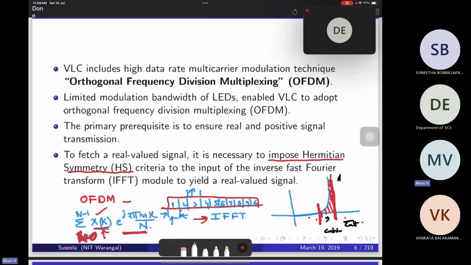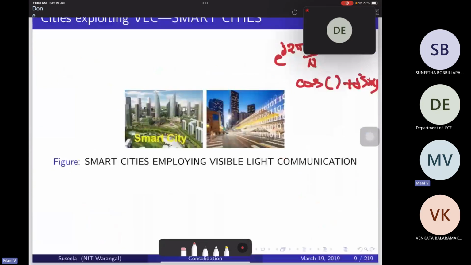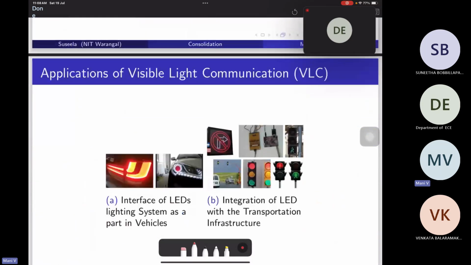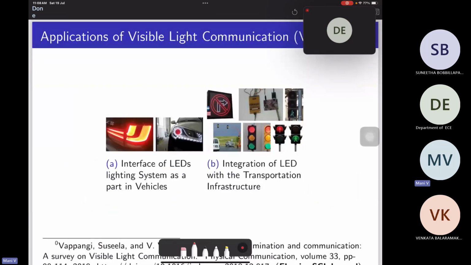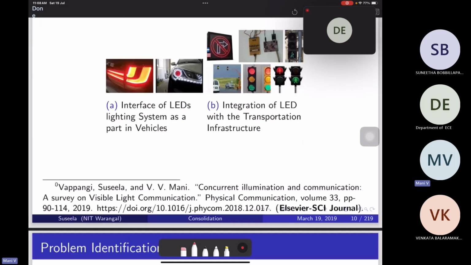So now we talk about Hermitian symmetry. So among the applications of visible light communication, we use car-to-car communication where a car uses an LED for its focusing, right? When it is traveling on the road. So between the cars, we can use light emitting diodes. Even your sensor signals, your traffic lights also, there we use a communication signal.